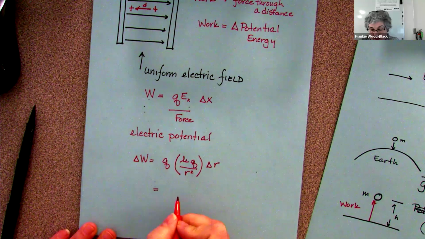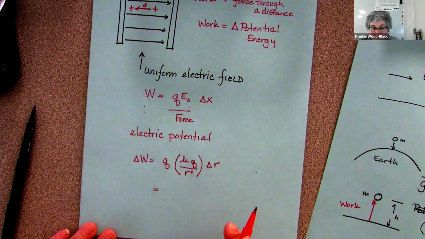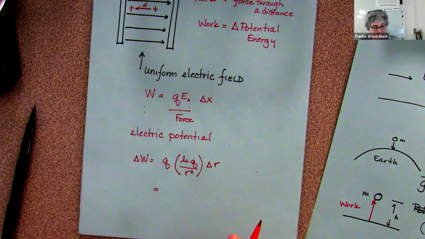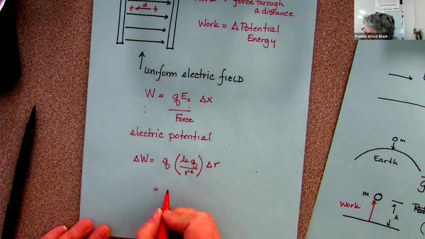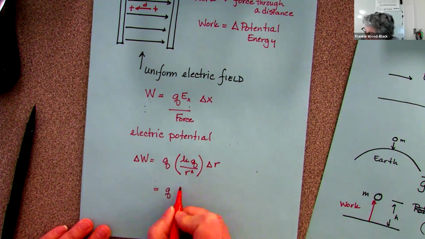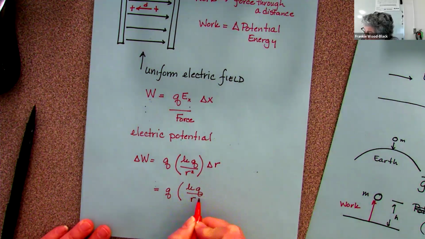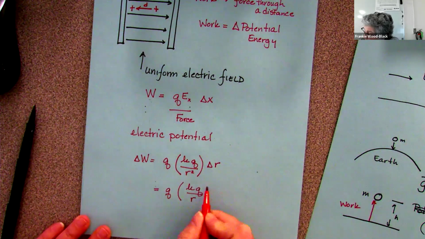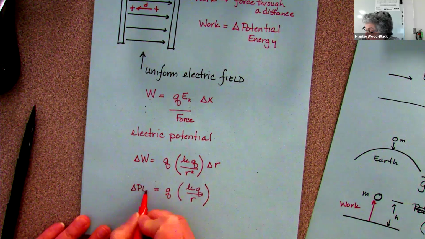I'm going to end up getting a K. I'm going to keep this separate. I'm going to get K, Q over R. And that's my change in potential energy.